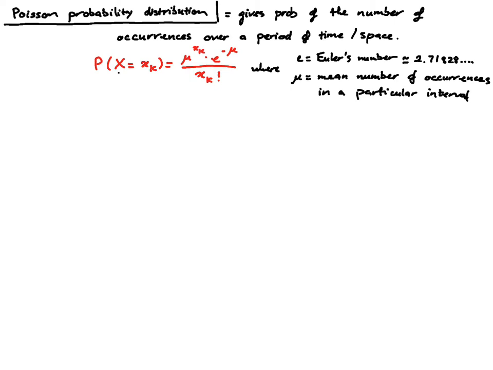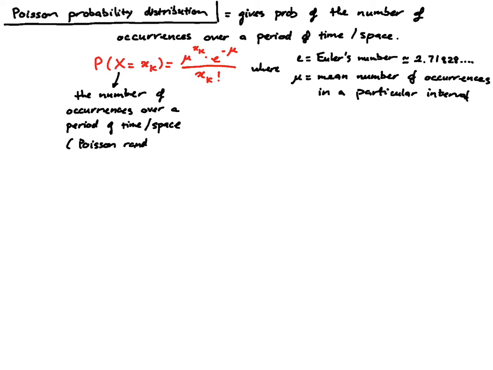And then x here is the variable that denotes the number of occurrences over a period of time or space, and it is known as the Poisson random variable.